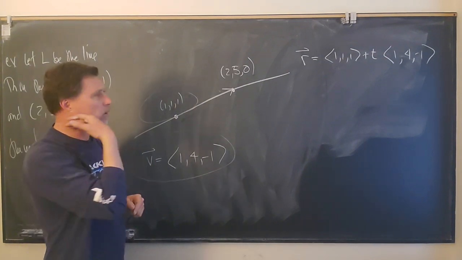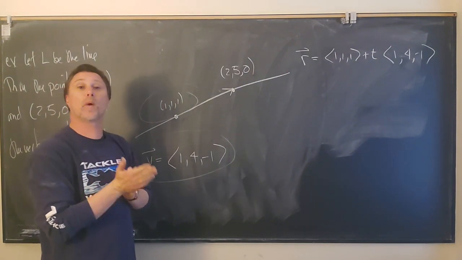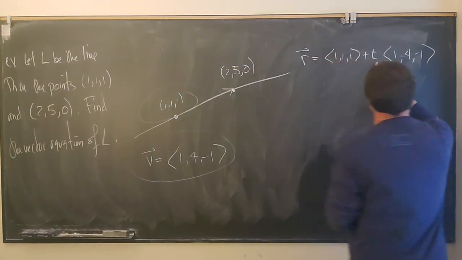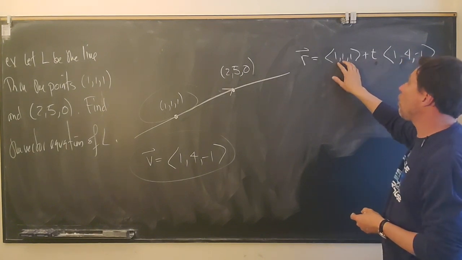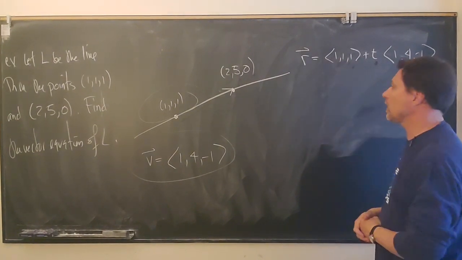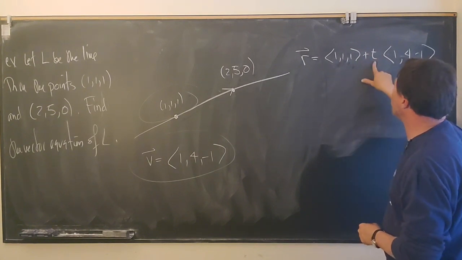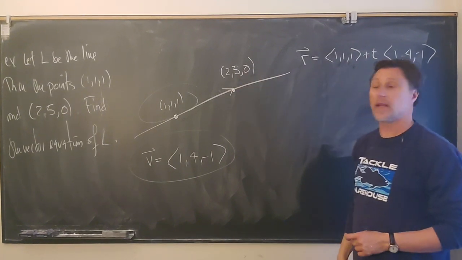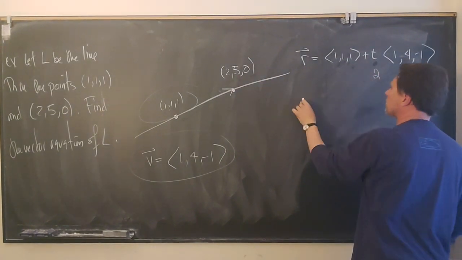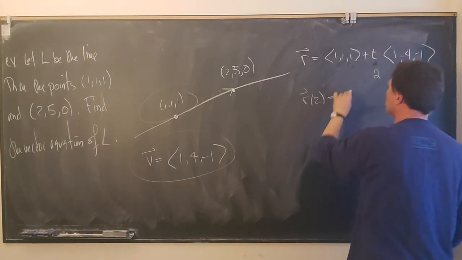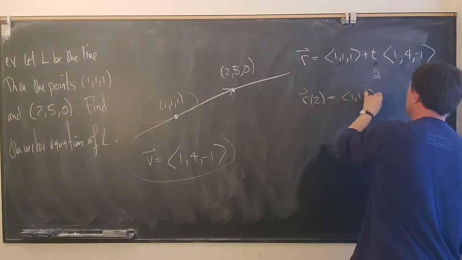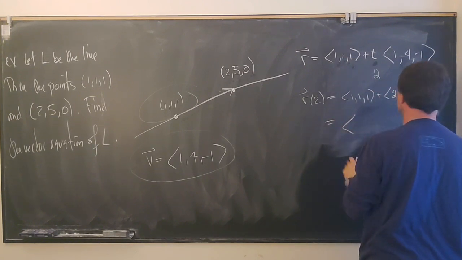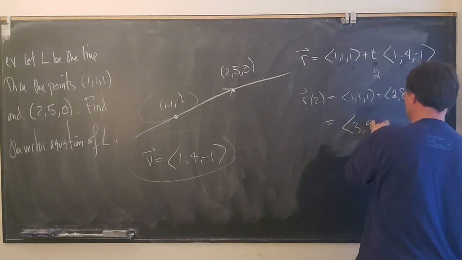And so now, if I want to identify more points on the line, I can do that by choosing various values of t. For example, when I choose t equals 0, that tells me that the point (1, 1, 1) lies on the line. When I choose t equal to 1, it tells me that the point (2, 5, 0) lies on the line. If I chose t equal to 2, I'd have r of 2, that's <1, 1, 1> plus <2, 8, -2>, which is <3, 9, -1>.